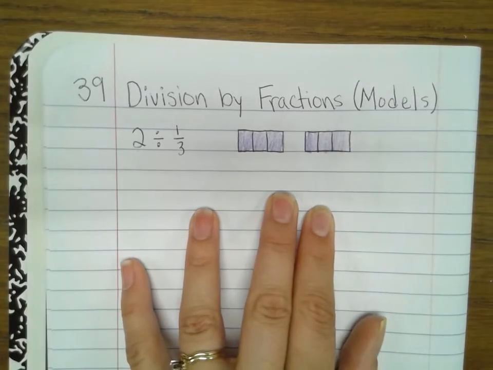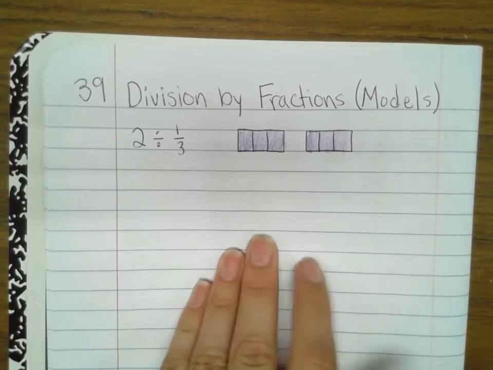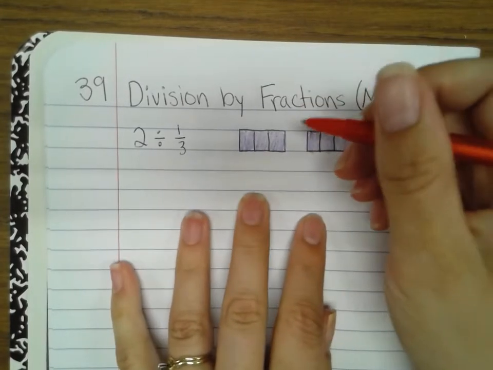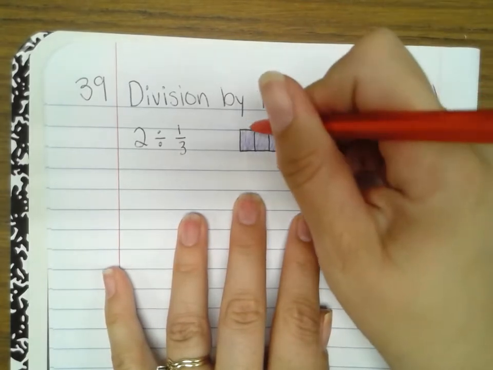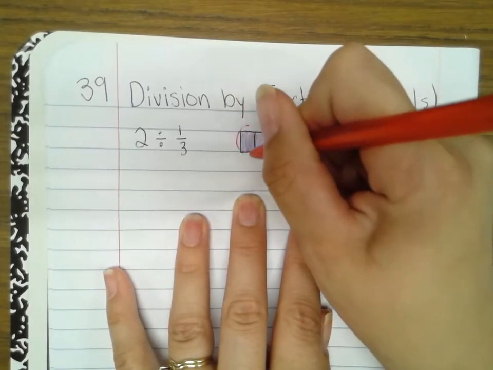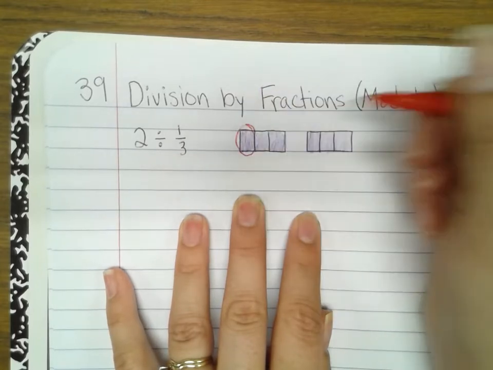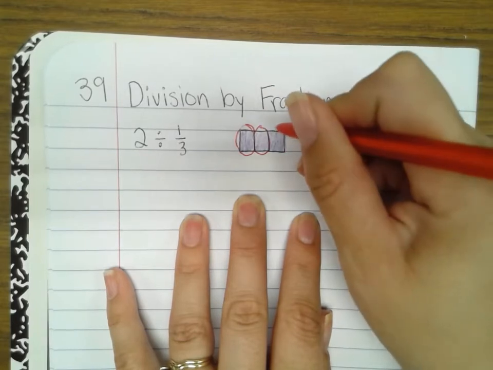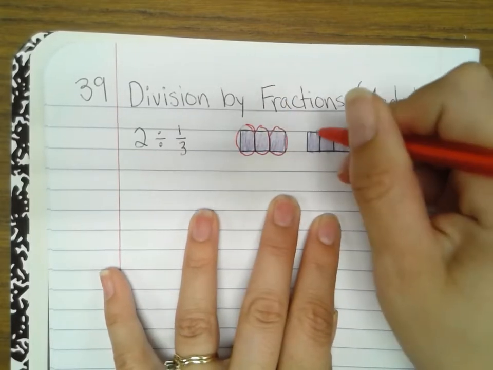Now with another colored pencil, or maybe like a red pen, I'm going to use a red pen. We are going to be putting it into groups of 1/3. So we're going to circle every group of 1/3 that we see. So there's a group of 1/3. There's a group of 1/3. There's one.